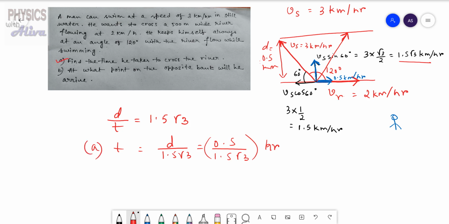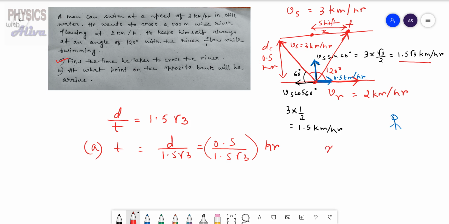Now the answer of the second question. At what point on the opposite bank will he arrive? He is arrived at this position. Okay, this is just opposite to its initial point and this is its final point. So this is the final shift. Take it as x. X is the horizontal distance. So we will take horizontal velocity.